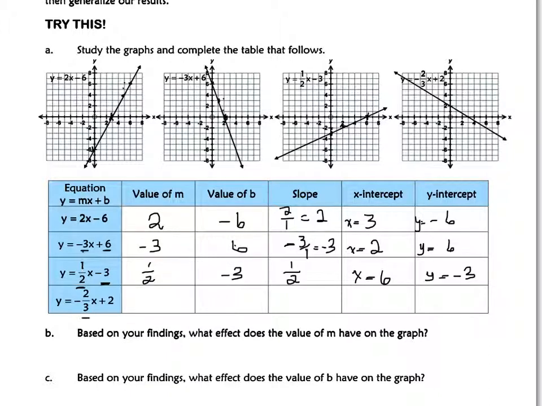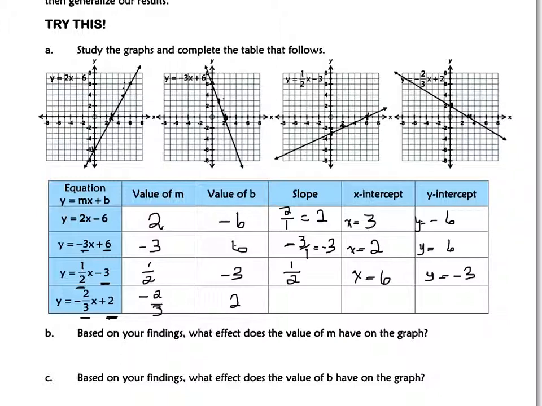And the last equation, y equals -2/3 x plus 2, the m is -2/3, the b is 2. For the slope of the last line, we pick this nice point and this nice point, the x and y intercepts.